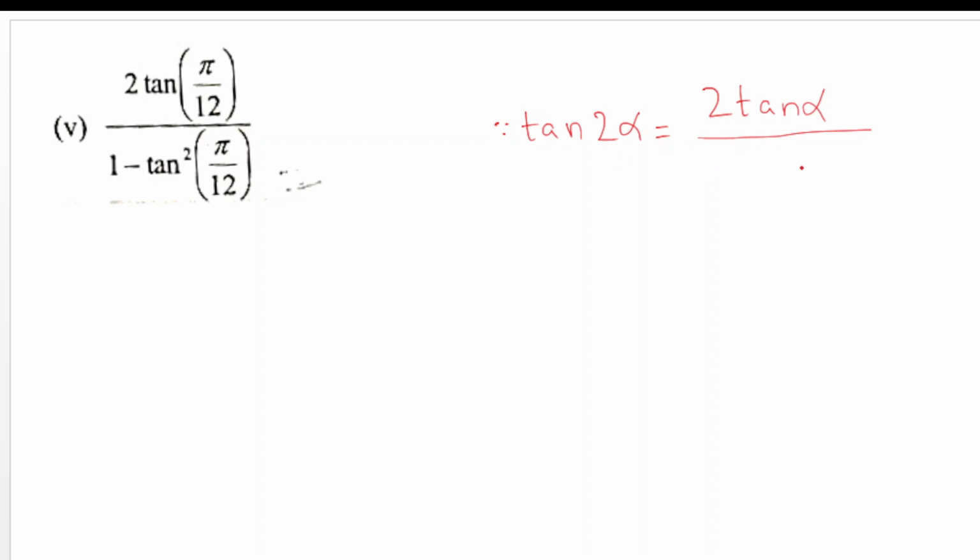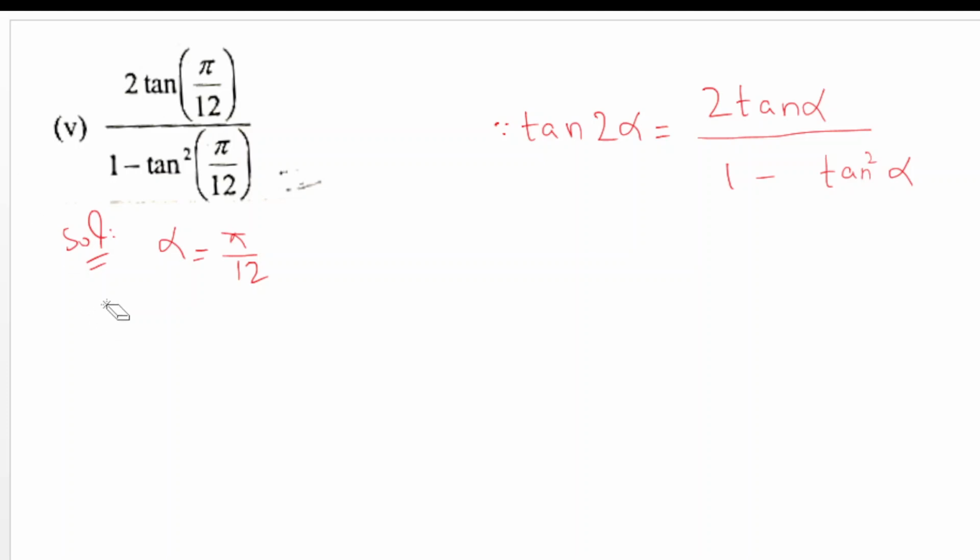So 2 tan alpha over 1 minus tan square alpha. I'm sorry, the 2 is not down here, let me erase this 2. So you have to think about alpha. What is alpha over here? Alpha is basically pi by 12.